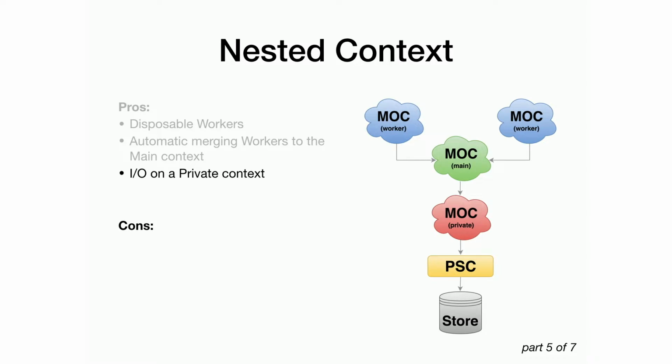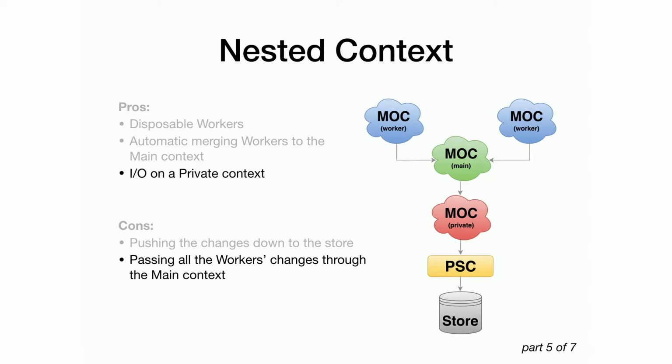But with all these context layers, we have to write some code for pushing changes from a context more than one level down, because by default we can push changes only from the child context to the parent. We cannot avoid passing all the changes from, for instance, worker contexts through the main thread, because we have no other connection between workers and the store.